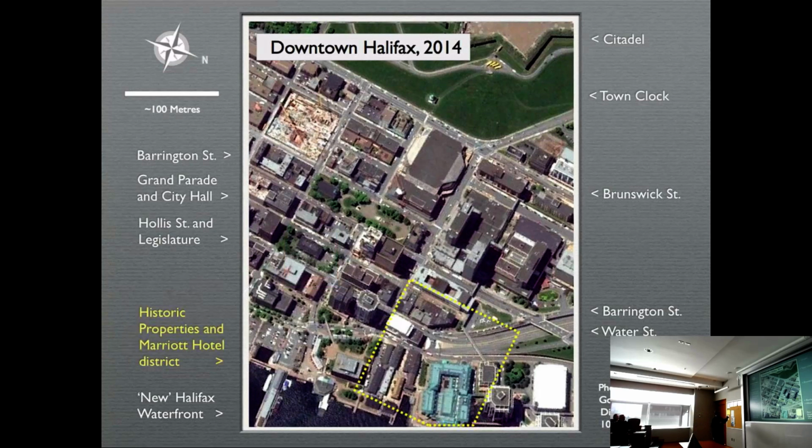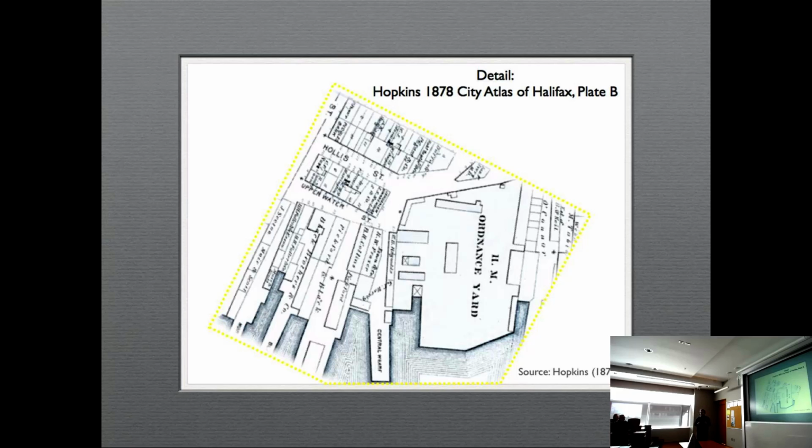I want to guide your attention to this area now, where I've tried to test the backward compatibility of the photography by comparing it to the Hopkins City Atlas of 1878.